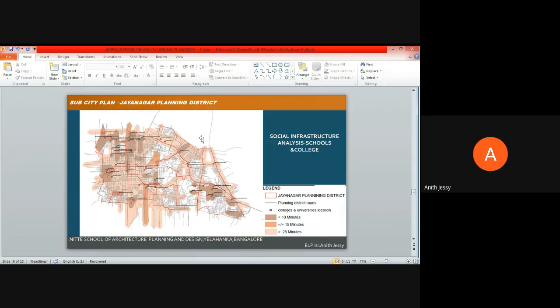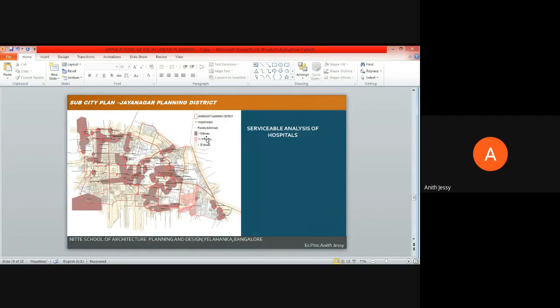This map did network analysis and showed the people who could travel in less than 10 minutes, or in less than or equal to about 15 minutes, and the next tint color shows the time it takes is more than 25 minutes. So the service time differs, and there are a few areas where you have no facilities at all. So this was taken into consideration.